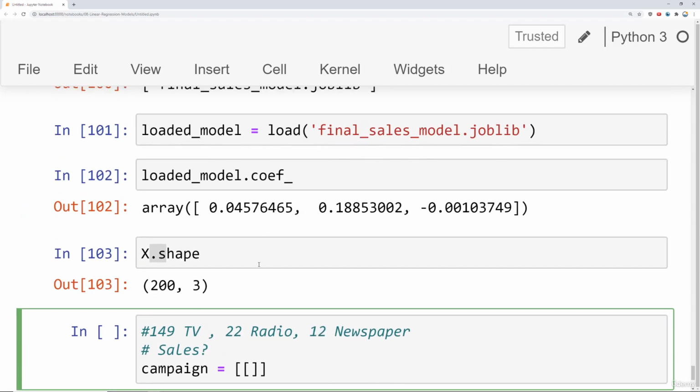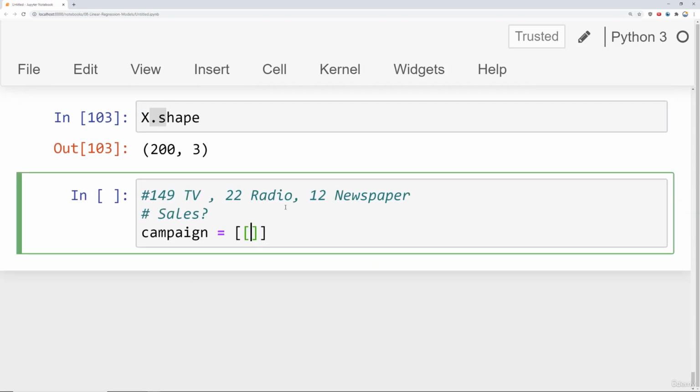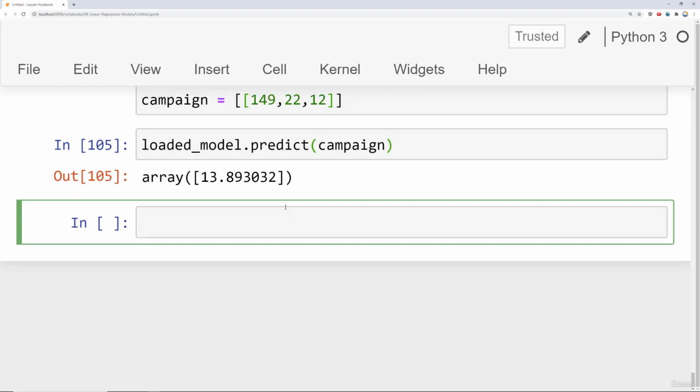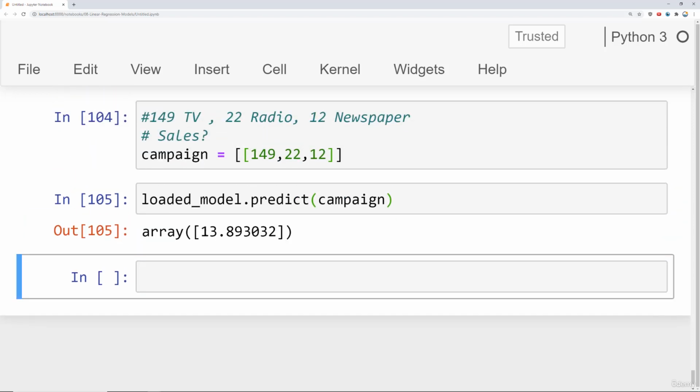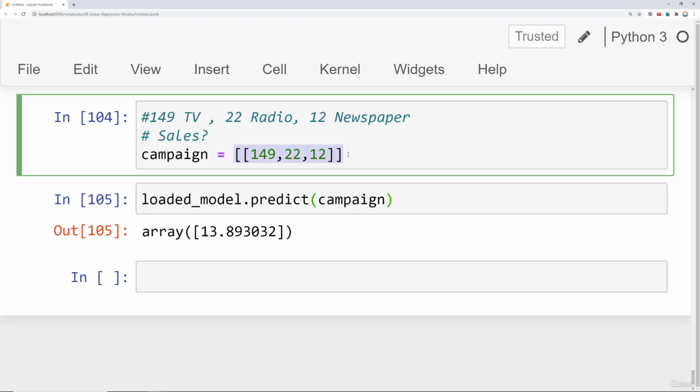Luckily for you, your friend just sent you this model that you've already loaded up. So it's time to just type in 149, 22, 12, run this, get your loaded model, and then call predict off this campaign object. And there you go. We would expect to get 13.89 units of sales for this particular campaign.